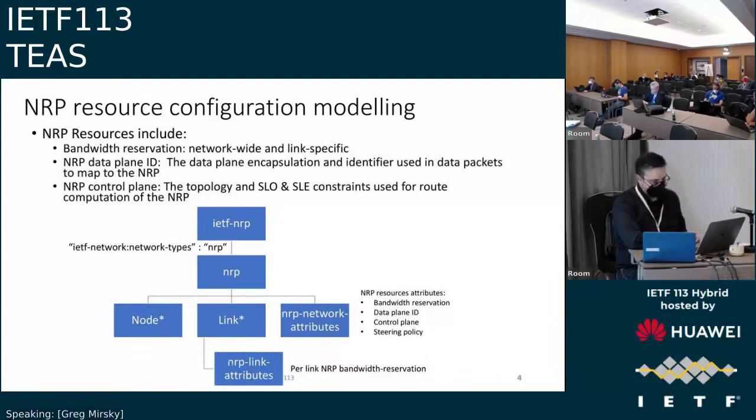Clarify what you see as a link of a slice, and give an example of link specific resource. So your question is, what is the slice service link? Or do you mean what is link specific resources? Because for example, you say that bandwidth reservation is network wide and link specific.